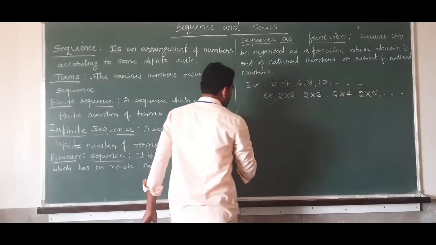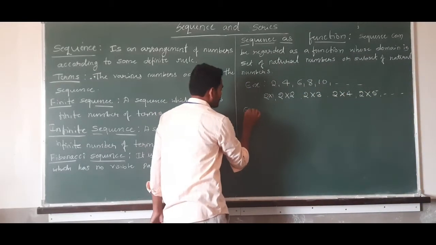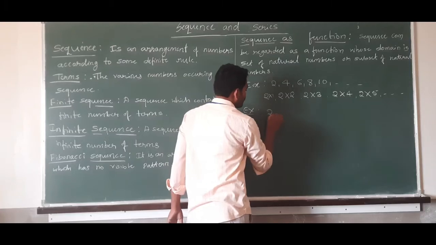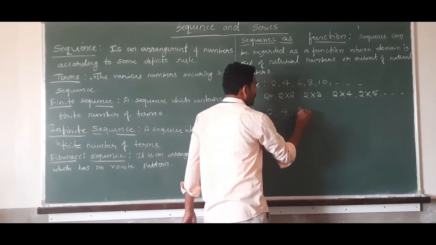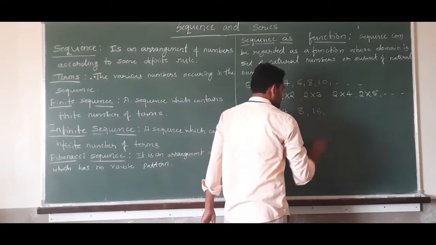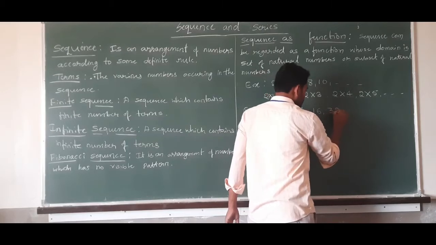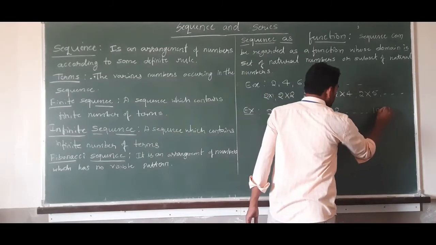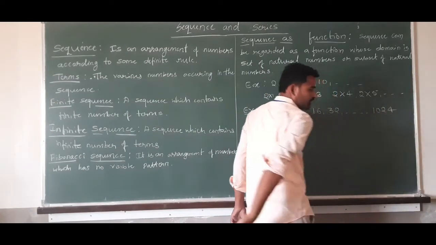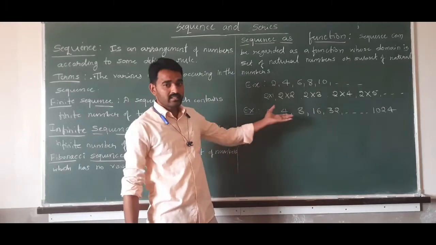For example, let us take 2, 4, 8, 16, 32 and so on, up to 1024. This is also one sequence.